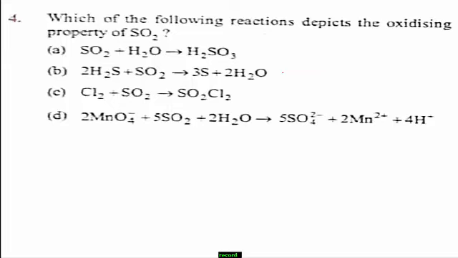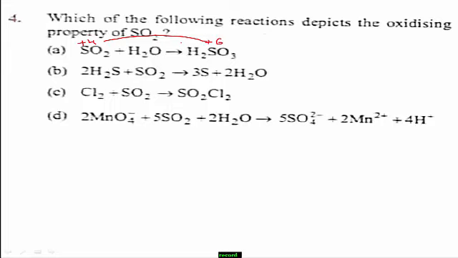Students, when we observe the given reactions, in the first one I take SO2. Here the sulfur oxidation state is +4, and in H2SO4 it is +6. Therefore oxidation takes place. Remember.